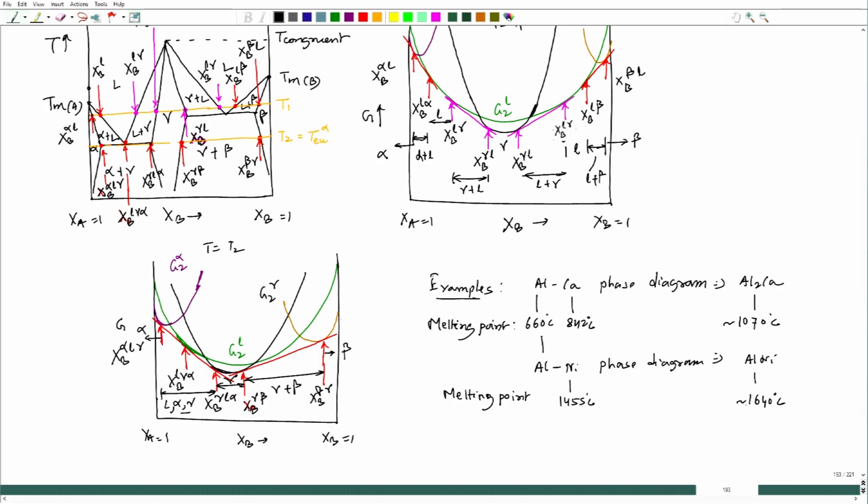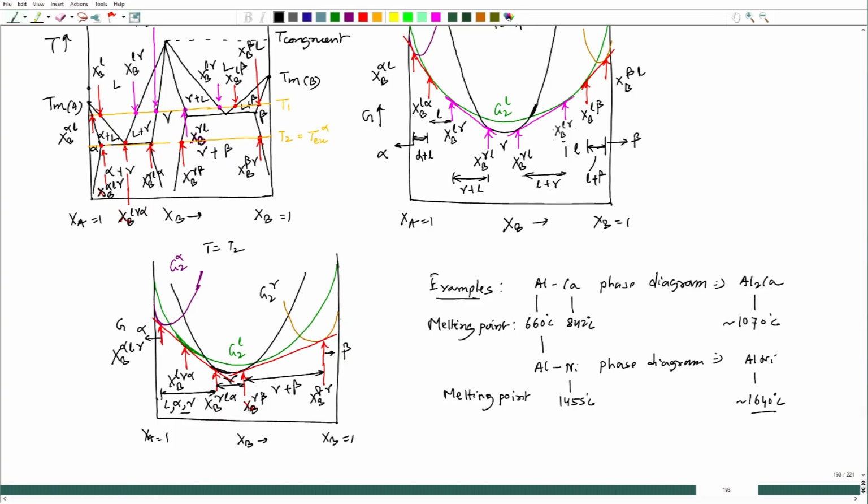Now, what is the advantage of this? Since this phase has a higher melting point, if that phase forms in, let us say, an aluminum nickel alloy, this phase will give you high temperature strength, because this phase does not melt and it can hold its strength longer at a higher temperature. So, this can be useful in making high temperature materials.